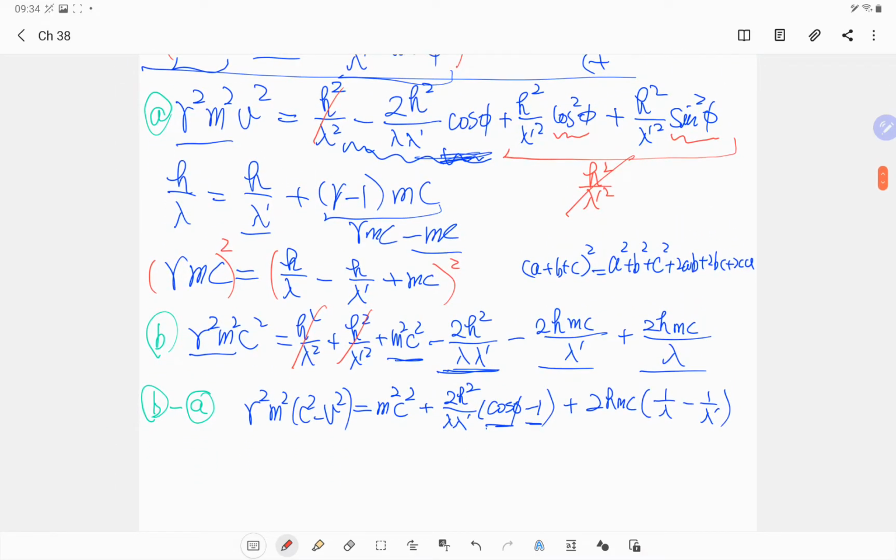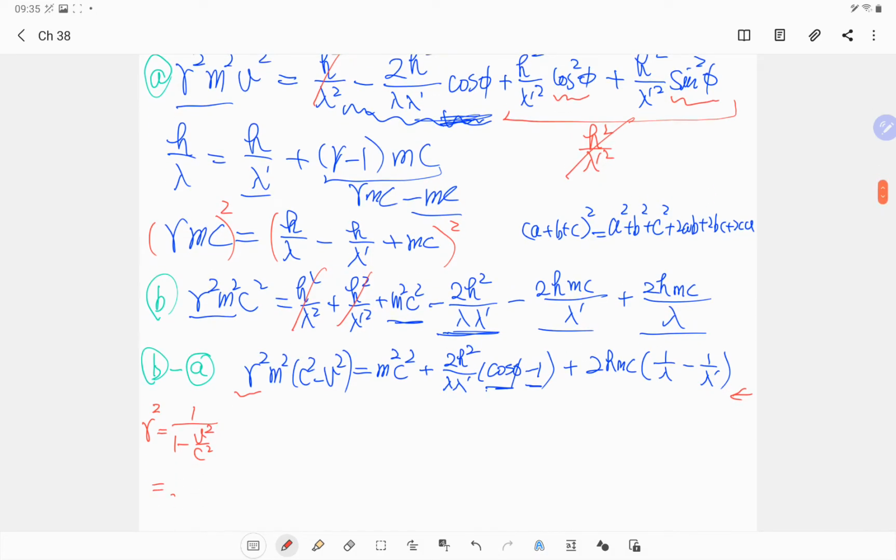So we have this equation, and the next step is, if you still remember, gamma is 1 over square root of 1 minus beta squared. So actually it's like this, 1 minus v squared over c squared, which should be c squared minus v squared, and then on the top is c squared.